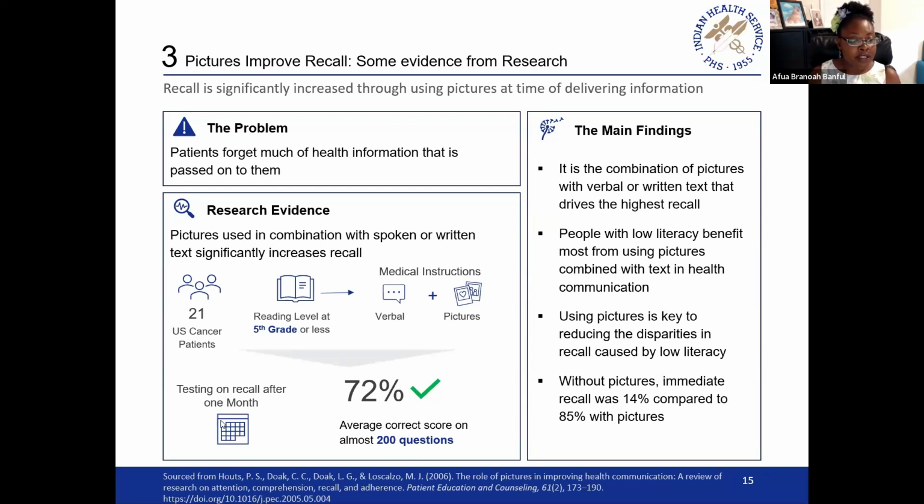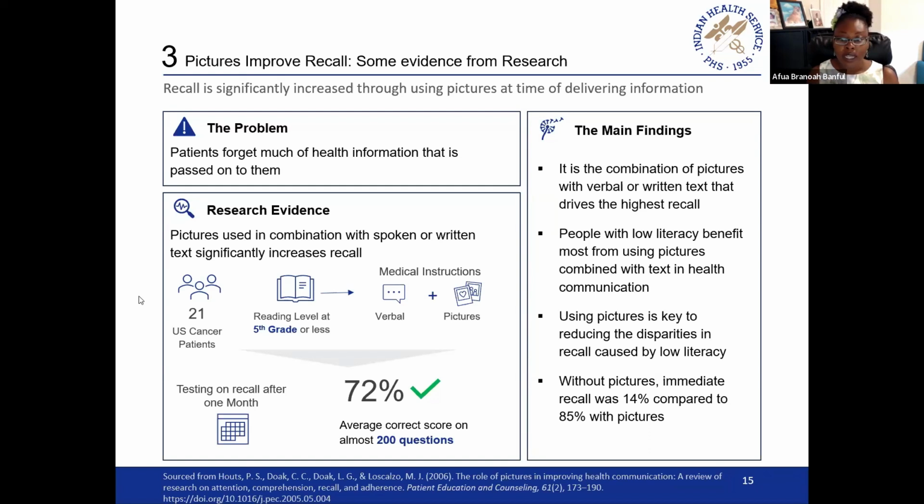But even after a month where lots of things have happened, you still have them getting a score of 72%. So this is really powerful to remind you how important pictures are in helping people recall. Because most of the health decisions that people need to make happen in the moment. They may not even remember where they got the information to go and recheck it. So it's very powerful that they recall.